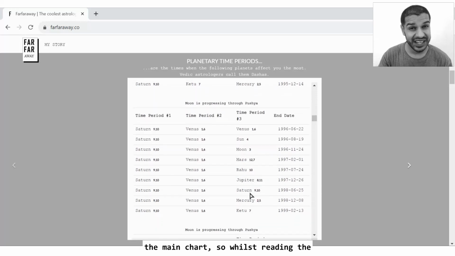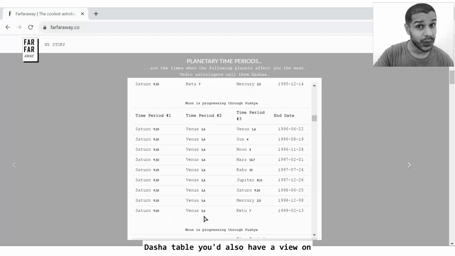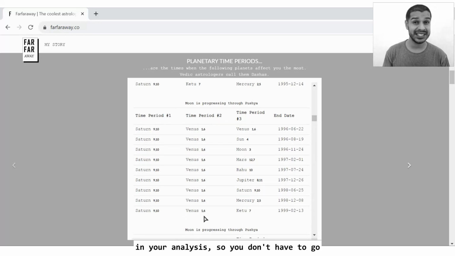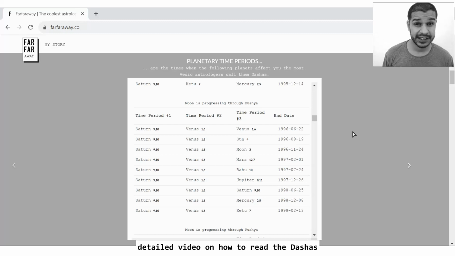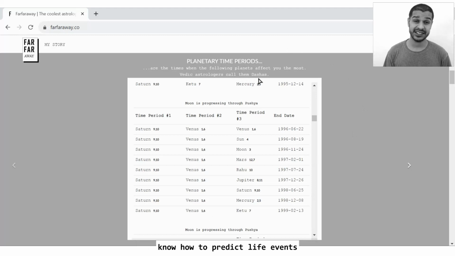So whilst reading the Dasha table, you'd also have a view on which houses the Dasha planet is ruling in the main chart. It can be very handy in your analysis, so you don't have to go back to the main chart. I have posted a detailed video on how to read the dashas on this channel if you're interested to know how to predict life events.